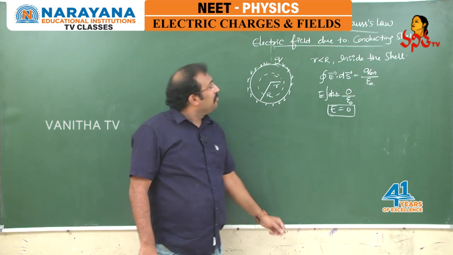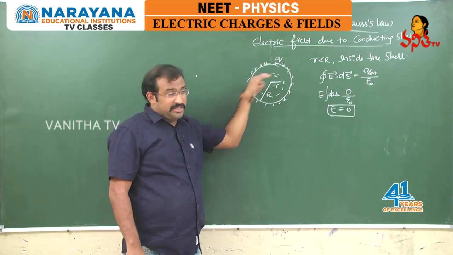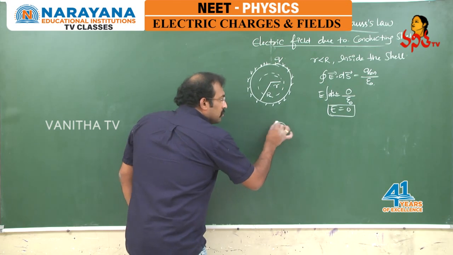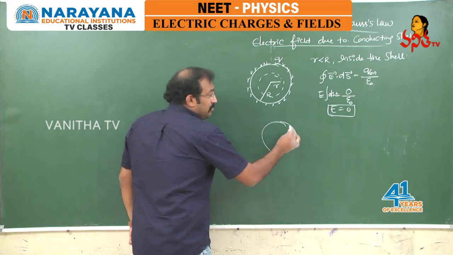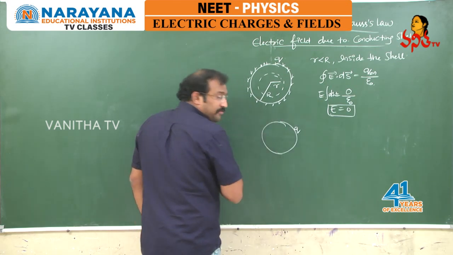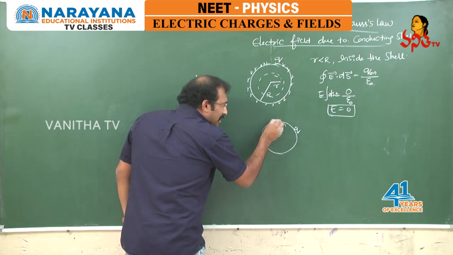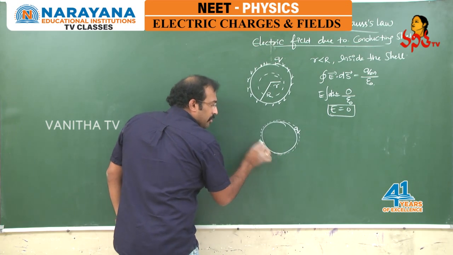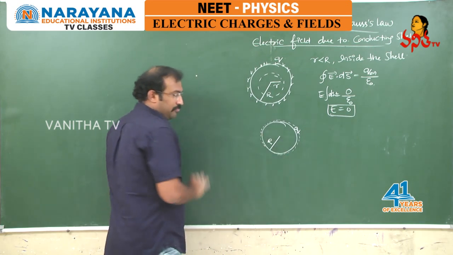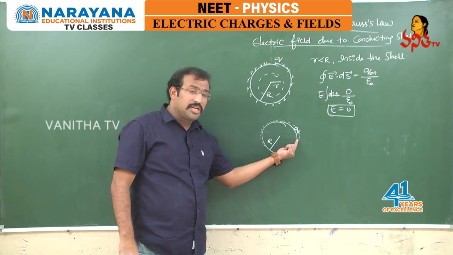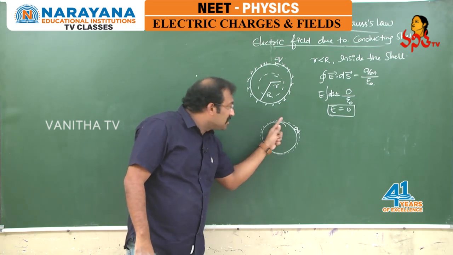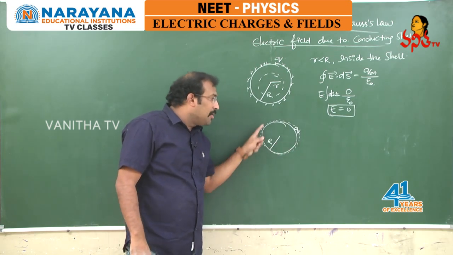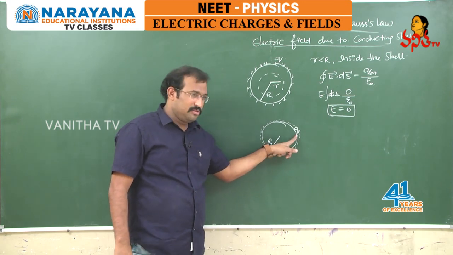Let us see the electric field on the surface. This is the shell, which has charge q. Now I draw a Gaussian surface just enclosing the shell, at a distance R. This Gaussian surface completely encloses the charge.